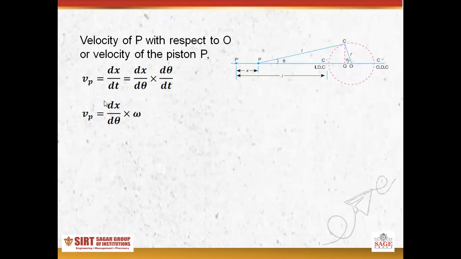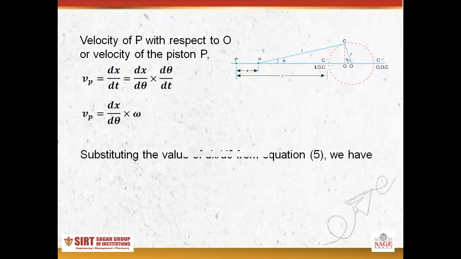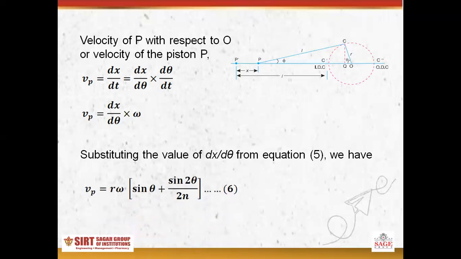We have already calculated dx upon d theta in the previous equation, and substituting this value, the velocity of the piston Vp is equal to R omega (sin theta plus sin 2 theta upon 2n). This is the final equation of the velocity of the piston.